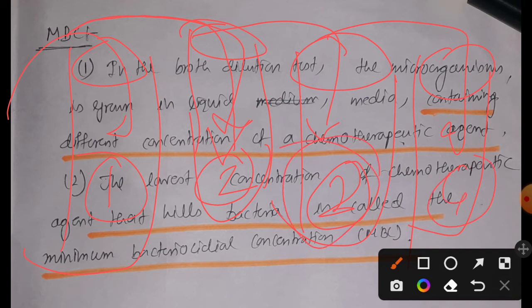Now the lowest concentration of the antibiotic which kills the microorganism present in the tube should be considered the MBC. Let's say test tube 2 is the one, then the concentration we added in test tube 2 will be considered the minimum bactericidal concentration.